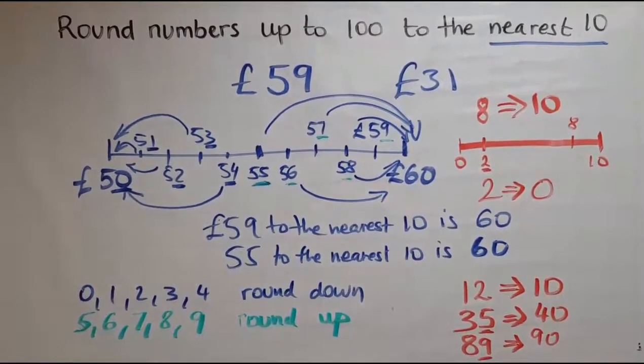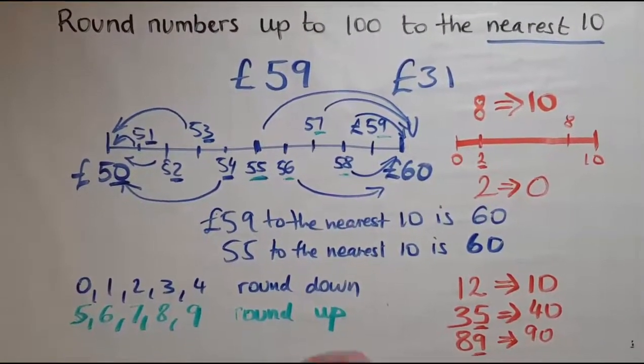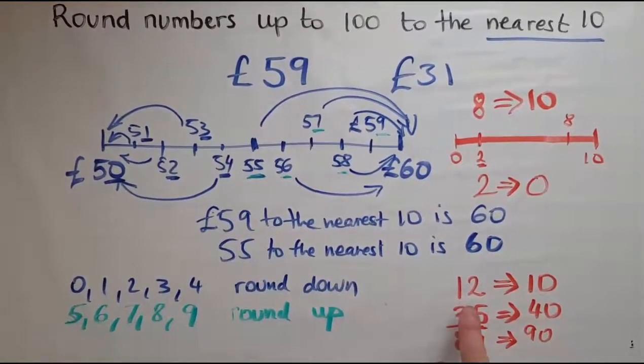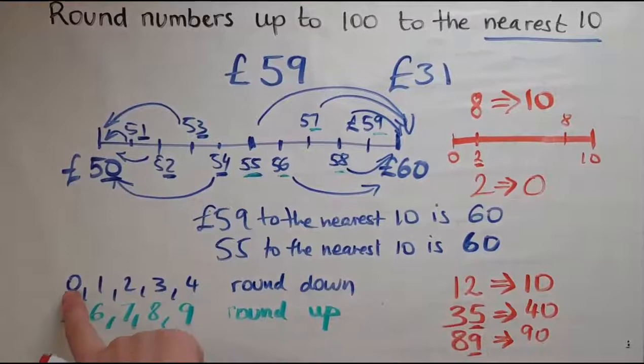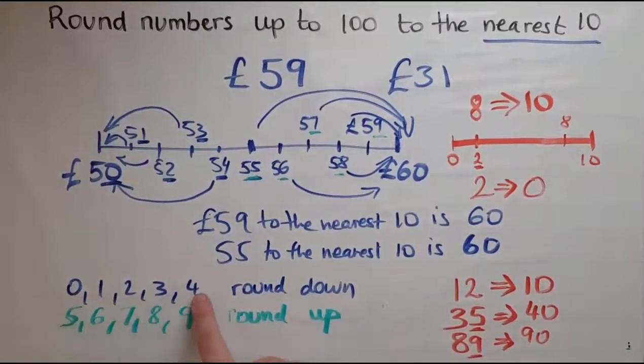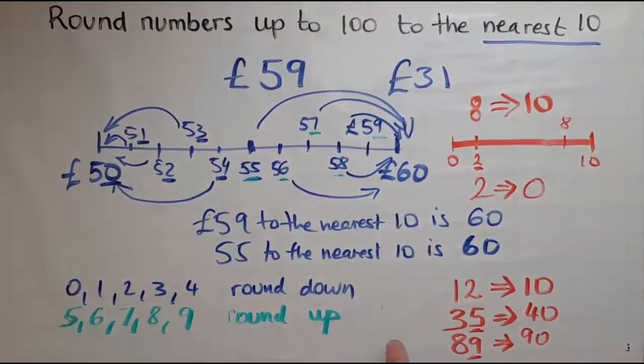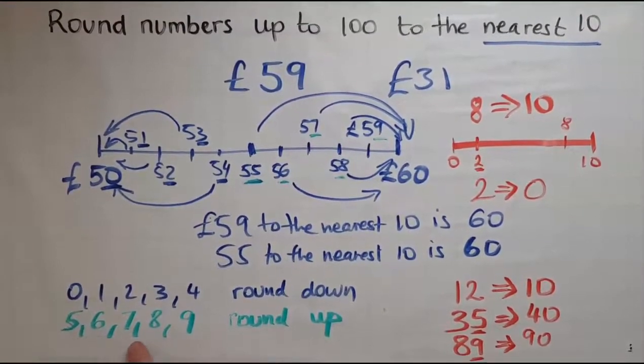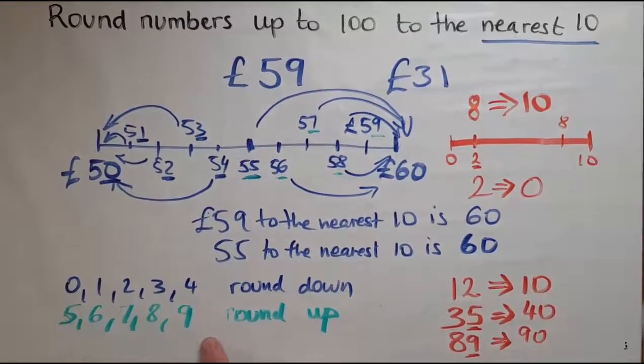So to recap, we round down if the units are 0, 1, 2, 3, 4. And we round up if the units are 5, 6, 7, 8, or 9.